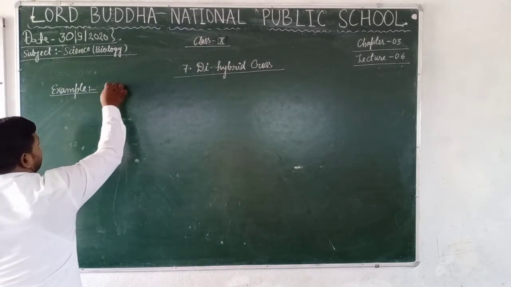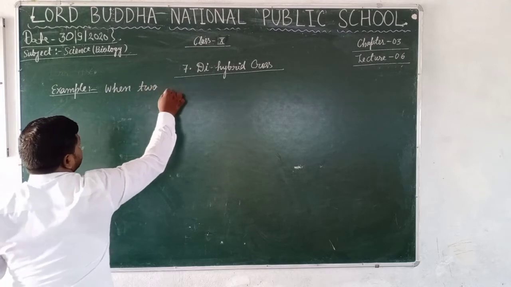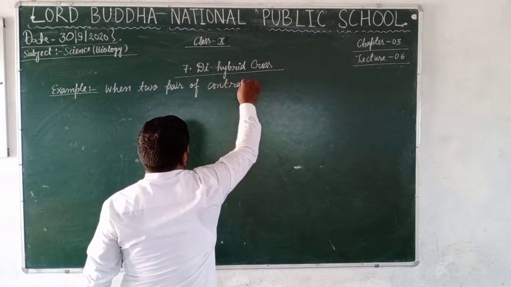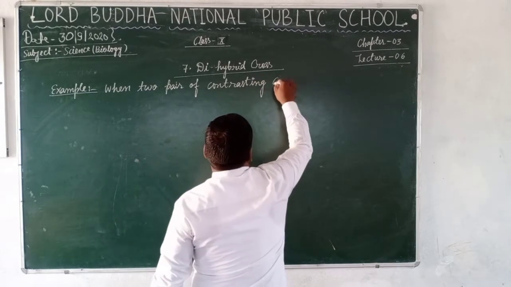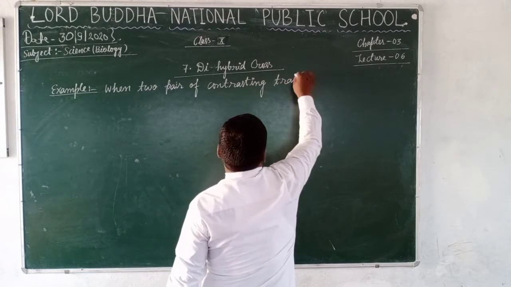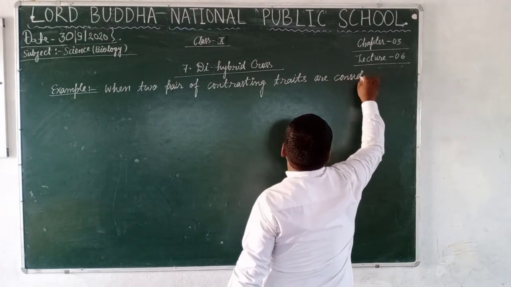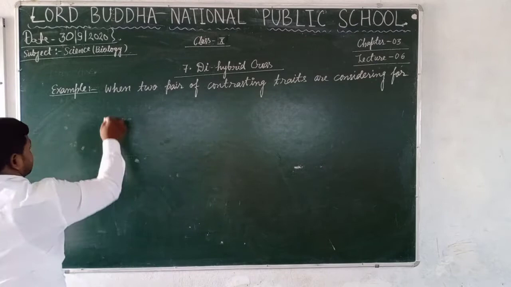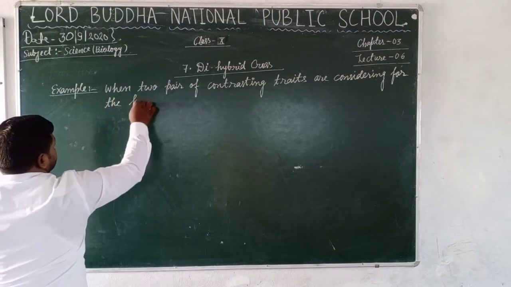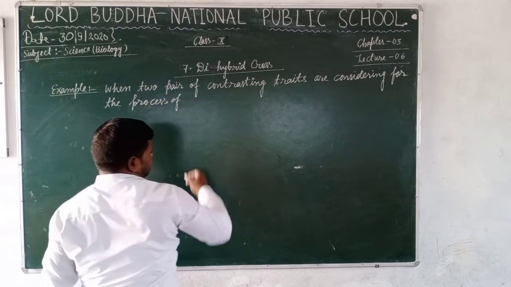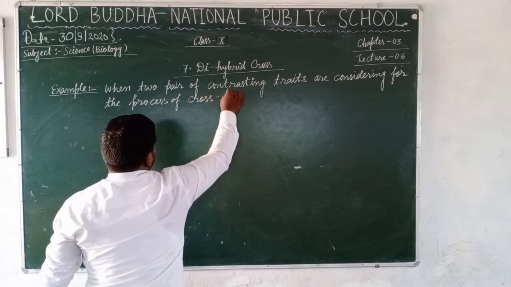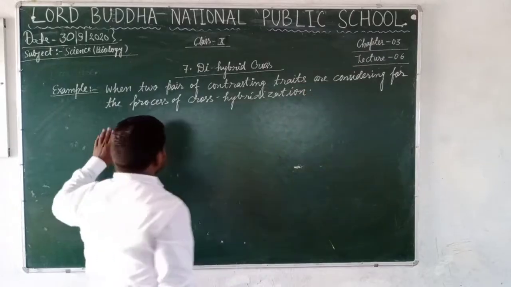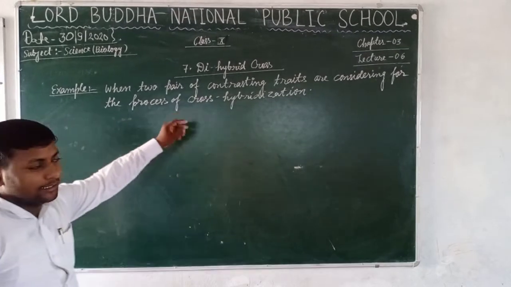So students, when two pairs of contrasting traits are considered for the process of cross pollination or cross hybridization, then this type of cross hybridization is said to be a dihybrid cross.